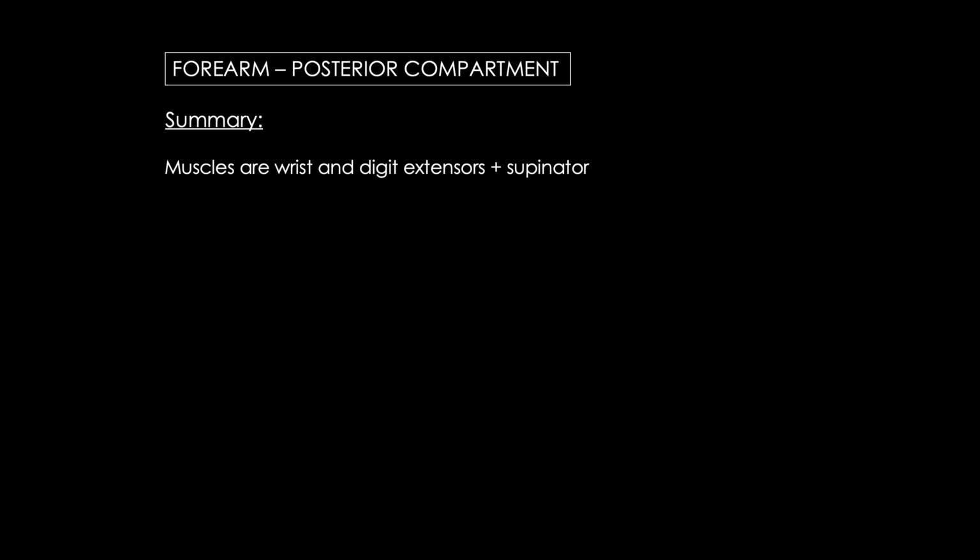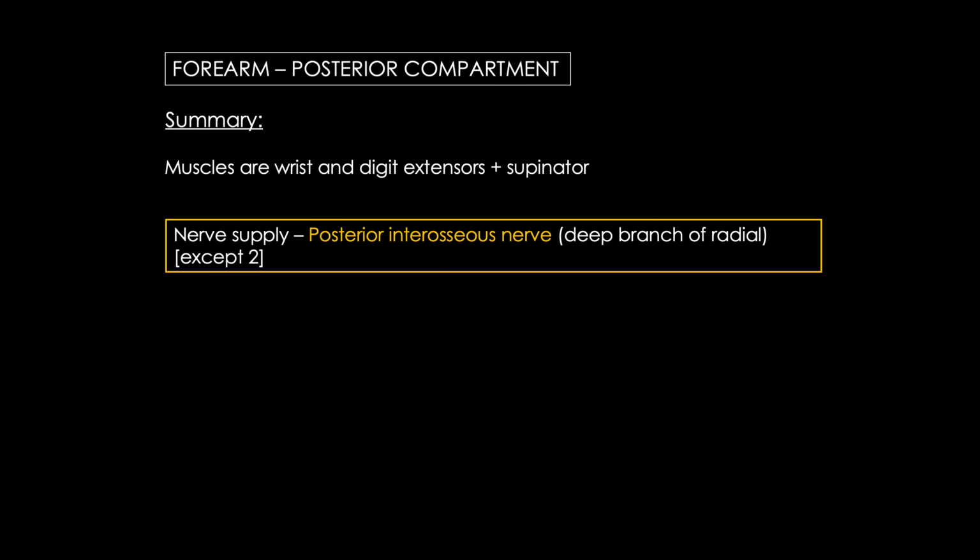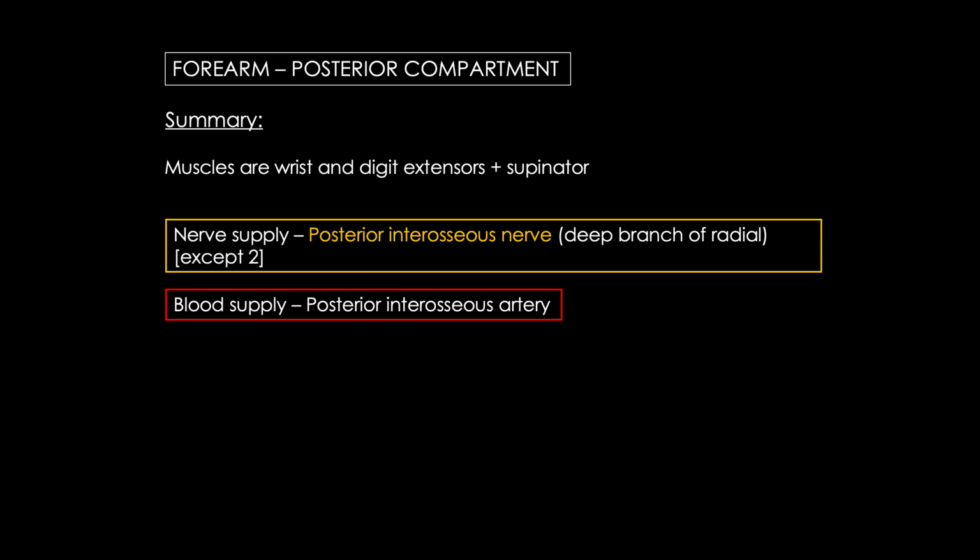They are the extensors of my wrist and the digits, plus the supinator. The nerve is the posterior interosseous, which is a deep branch of my radial nerve, except for two: anconeus and extensor carpi radialis longus. They are innervated by the radial nerve directly. And all of them receive their blood supply primarily from the posterior interosseous artery.